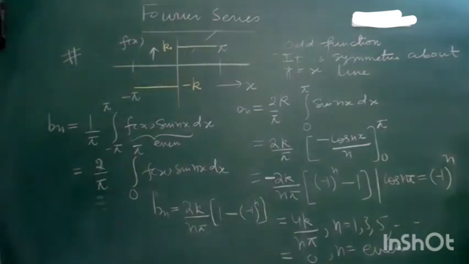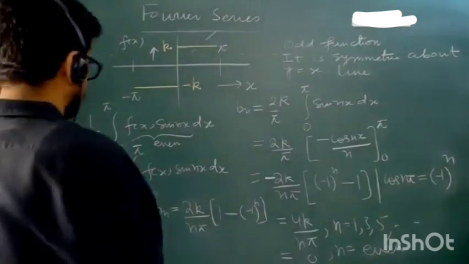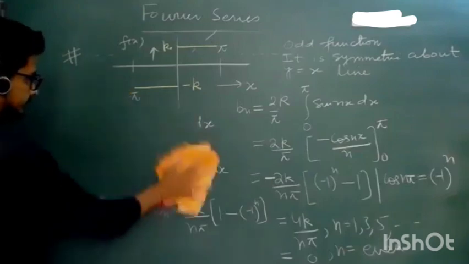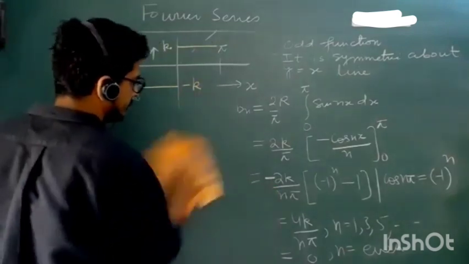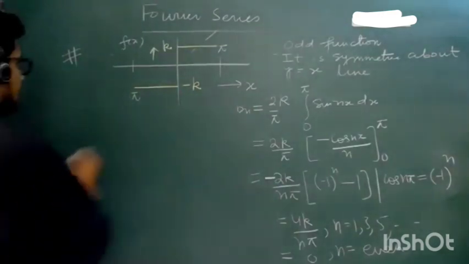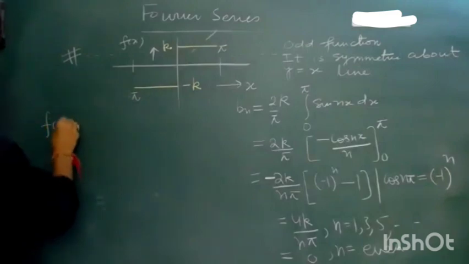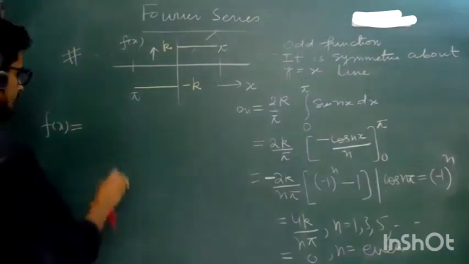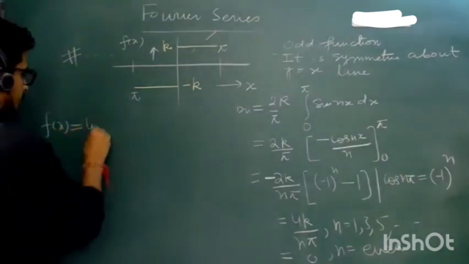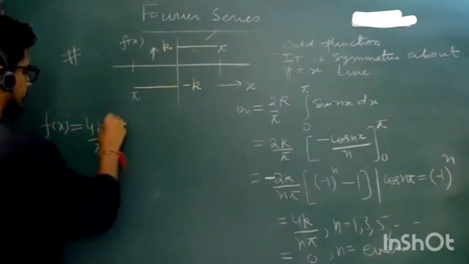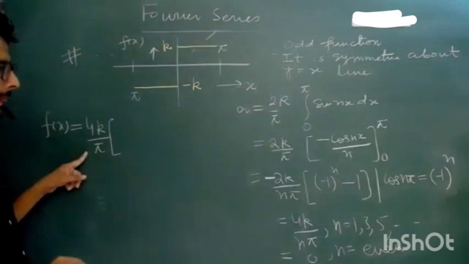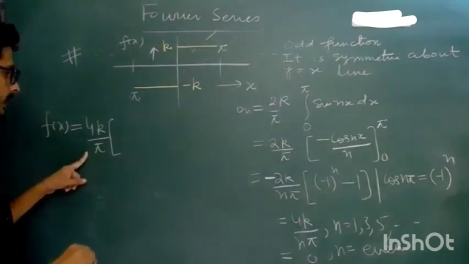So now I am ready to write the function in the form of Fourier series. I hope I can erase this part now. So my Fourier series for this function, f x will be given by 4k by pi. So b n, n pi is there, no?